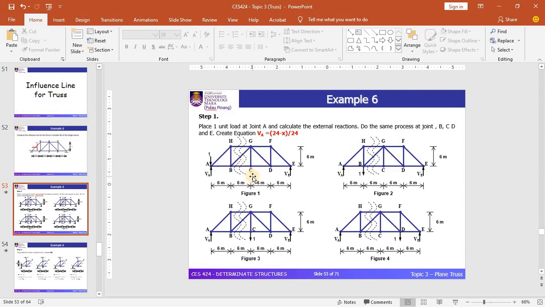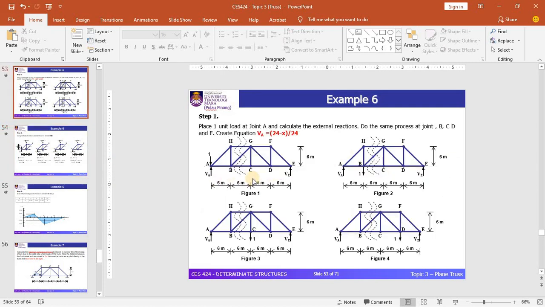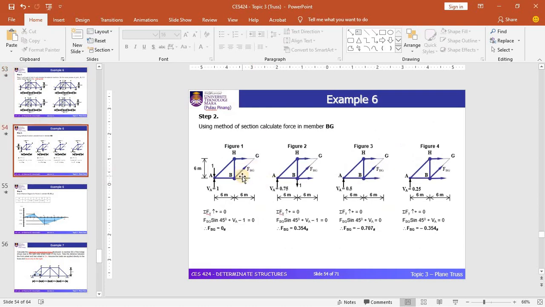The next step, step 2. In the influence line diagram, the principle is you need to choose one side of the diagram. In this solution, the left hand side of the cut section has been chosen to analyze the internal forces of member BG. You can see the different figures here, figure 1, figure 2 up to figure 4.